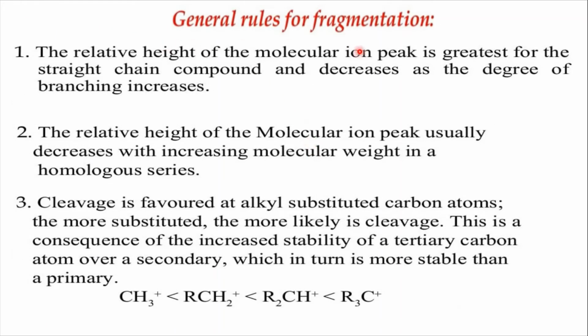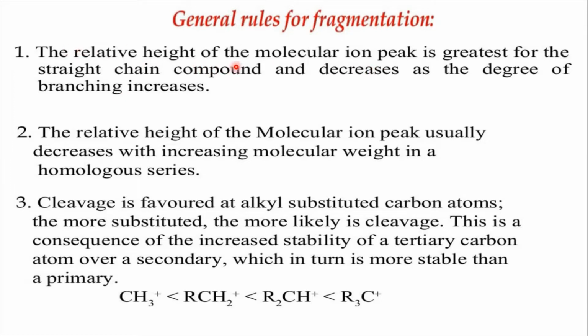Now what are the general rules for fragmentation? The relative height of the molecular ion peak is greatest for the straight chain compound and decreases as the degree of branching increases. For the study of fragmentation patterns in different classes of organic compounds, it is necessary to understand these rules. When we observe straight chain compounds as well as branched chain compounds, there will be a variation in the molecular ion peak.